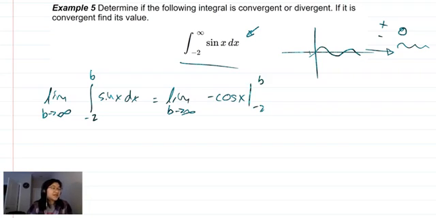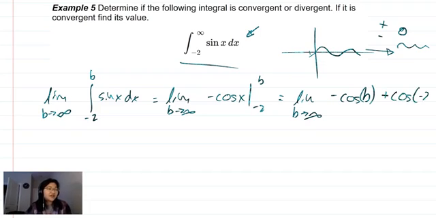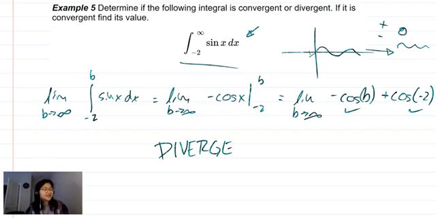From negative 2 to b, we get the limit as b approaches infinity of negative cosine of b minus negative cosine of negative 2. This is a number, this is not. So we get divergent. Not a number.